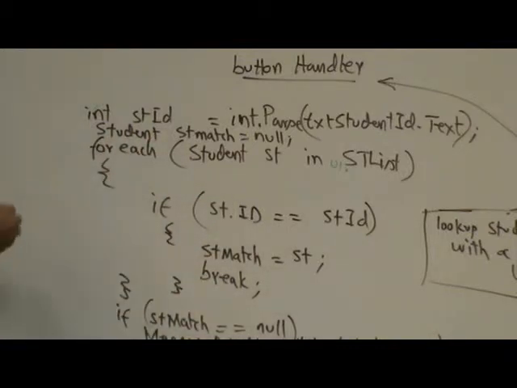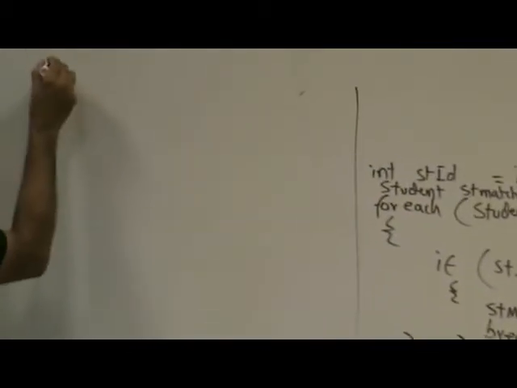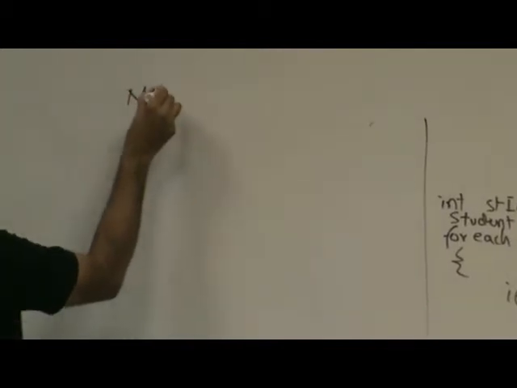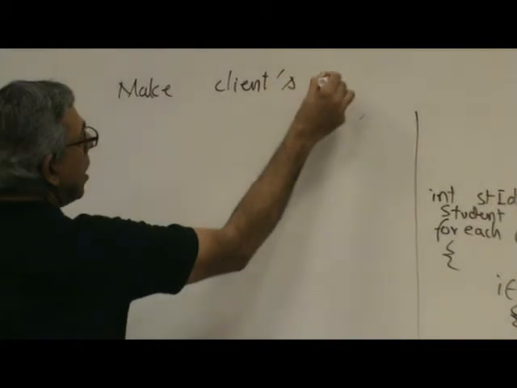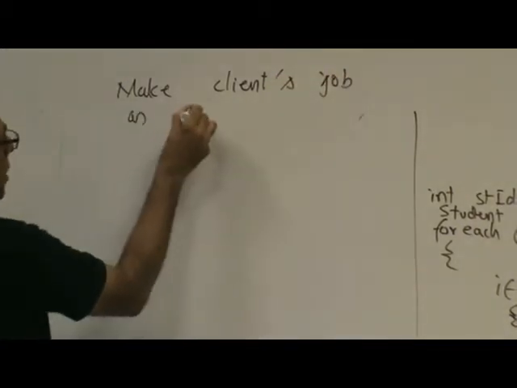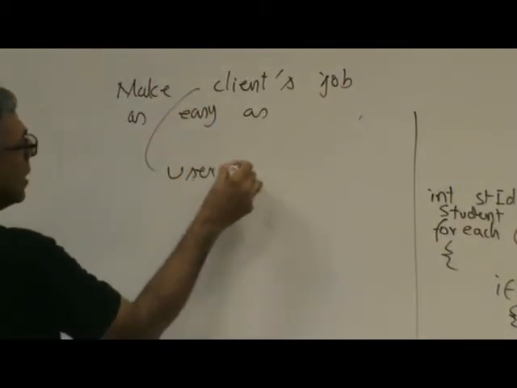Now, one of the concepts in modern software development is that you should try to make the client's job as easy as possible. By client, I mean the user of your class.